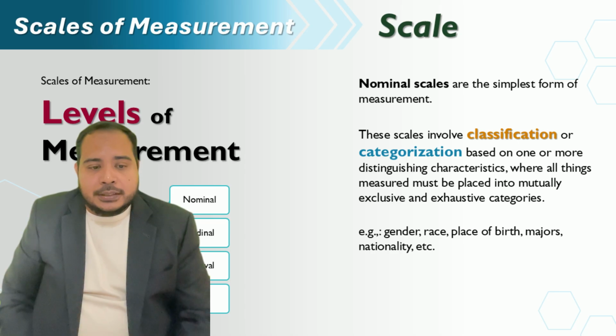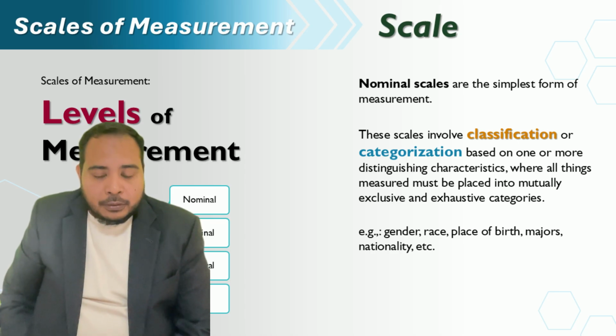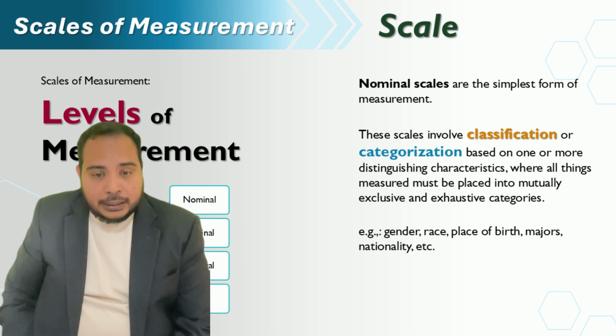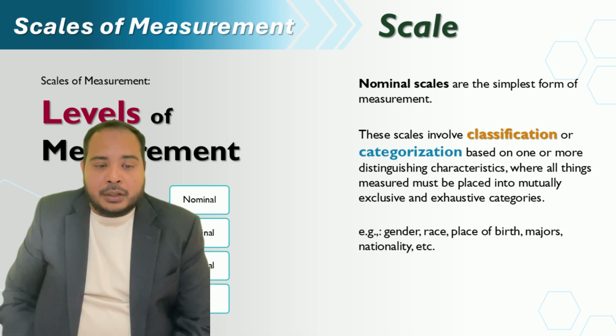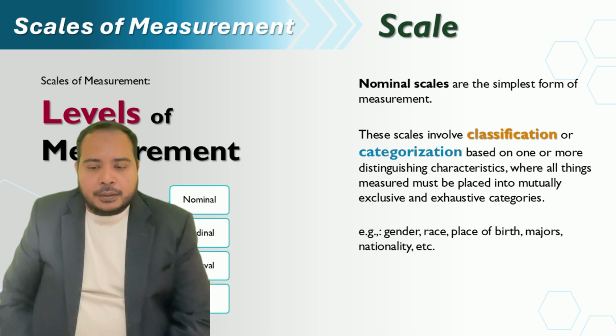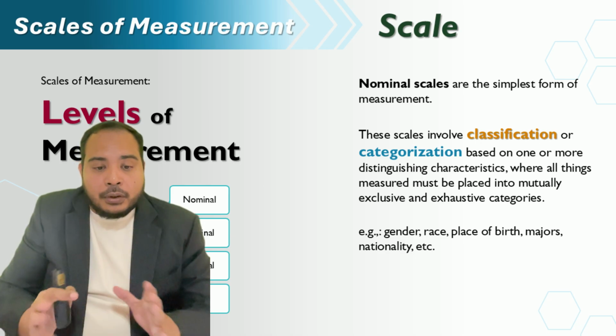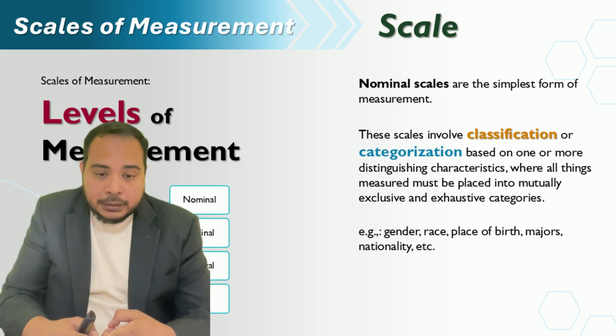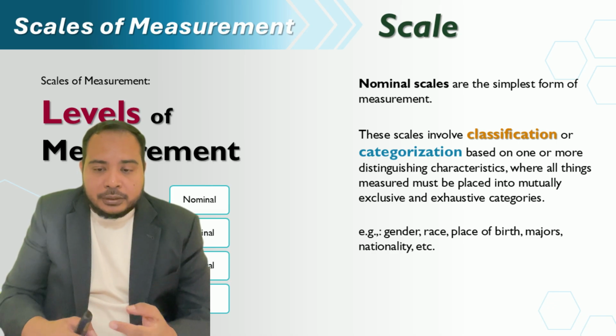Just now we discussed types of scales. Level of measurement is important, and sometimes it dictates how we analyze the data, how we interpret the data, and to what extent we can use certain statistical analyses. Overall, there are 4 levels of measurement in psychological assessment: nominal, ordinal, interval, and ratio.